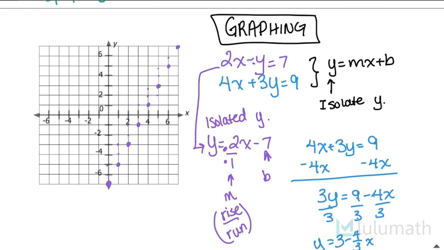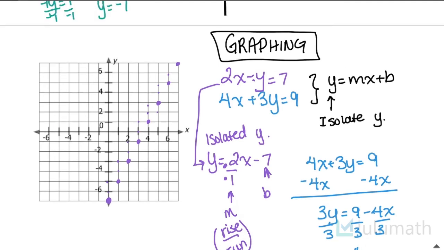So let's go ahead and draw our line in right here. And we are going to write the equation on our line. So we're going to say y equals 2x minus 7, or you can write the original equation.